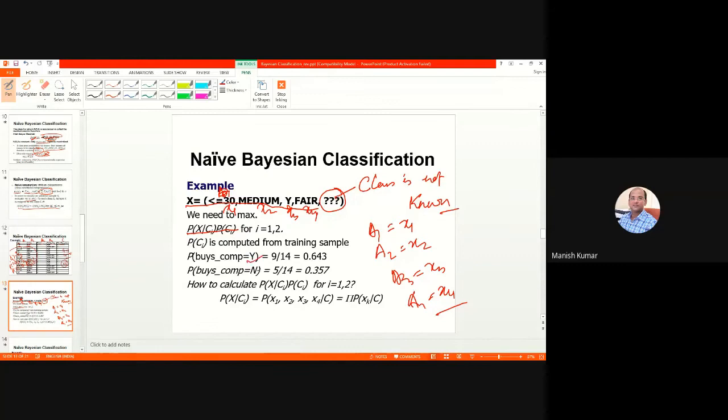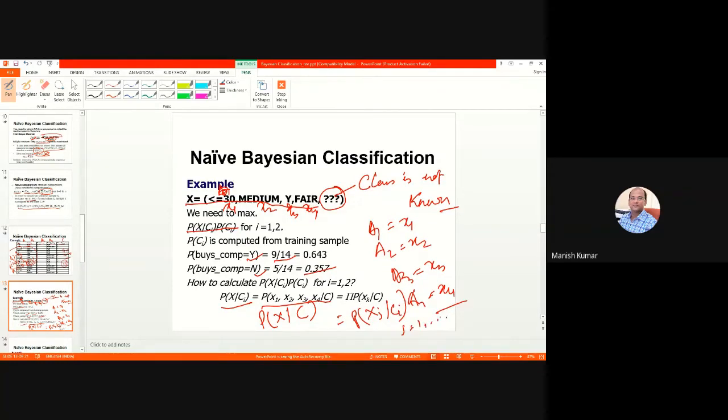Once you calculate the prior probabilities, 9 by 14 is 0.643 and 5 by 14 is 0.357. Now we go for P(x|Ci), which is the product of P(xj|Ci), where j is 1 to 4 and i is 1 to 2.